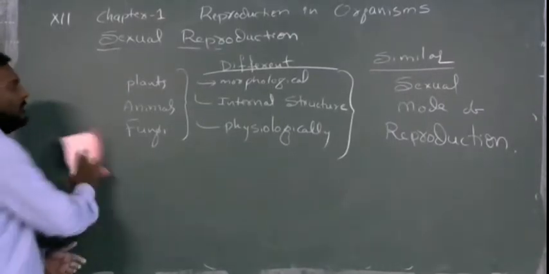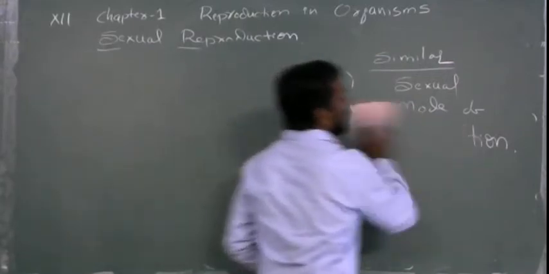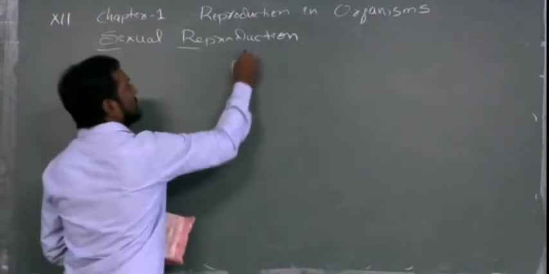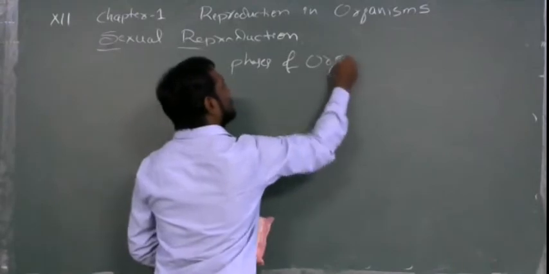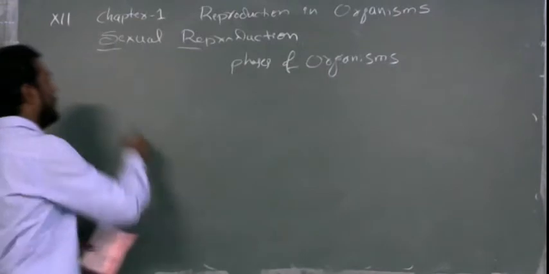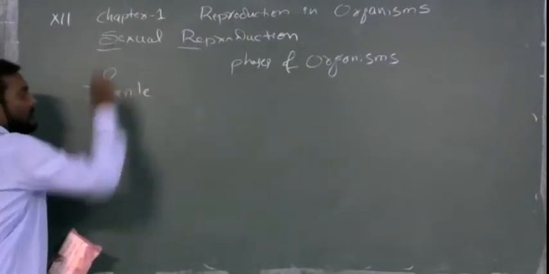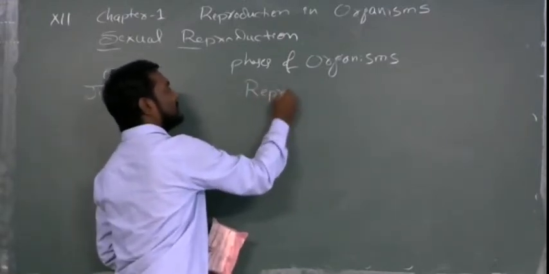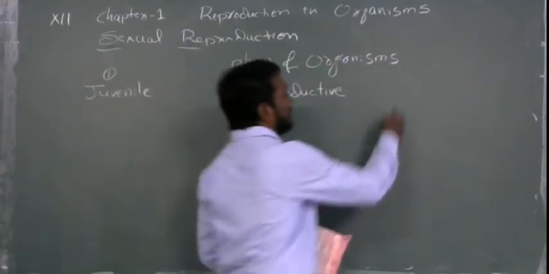Hope you understood. Now, we will see the next topic, that is the phases of the organisms. If you see overall, the first will be the juvenile, second is reproductive, third is senescence.